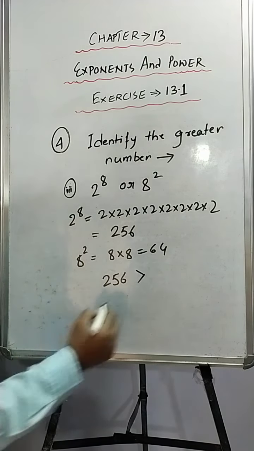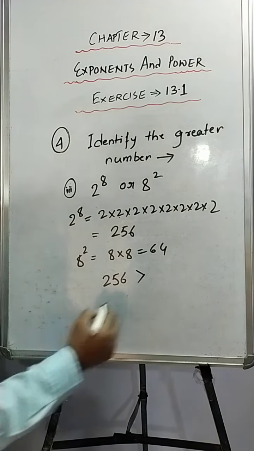Now let's move on to sum number 5 of question number 4. We have 10 to the power 10... that means we have to multiply 2 ten times. 1, 2, 3, 4, 5, 6, 7, 8, 9 and 10. If you multiply 2 ten times, you will get the answer 1024.